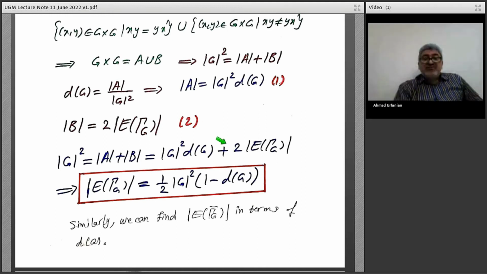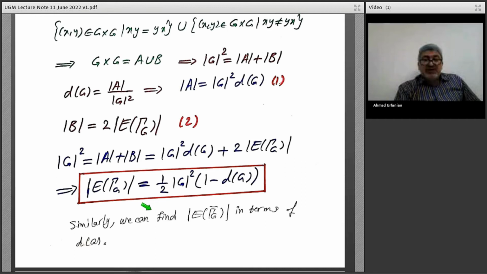So if we combine equations 1 and 2, you can see that order of G square is order of A plus order of B, which is equal to order of G square times the commutativity degree of G, plus we can put for the size of B is 2 times the number of edges.